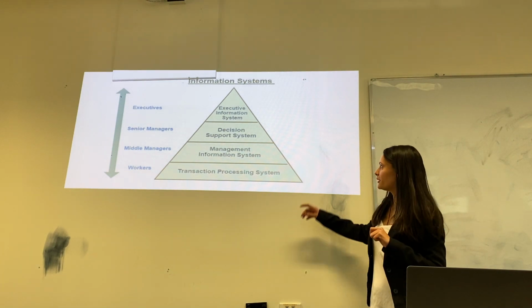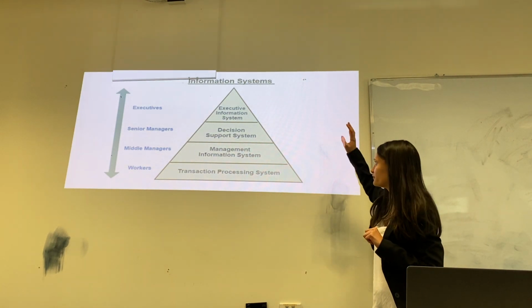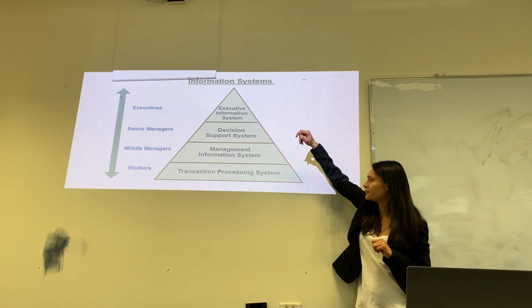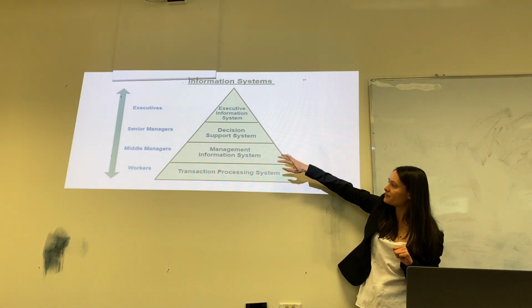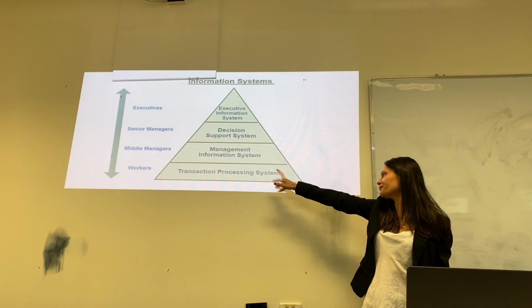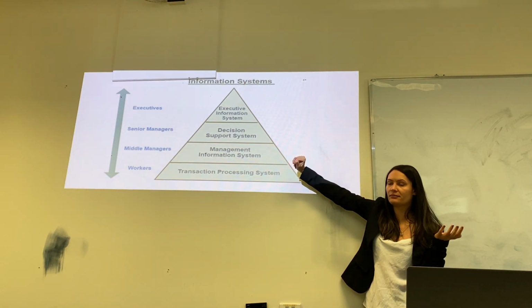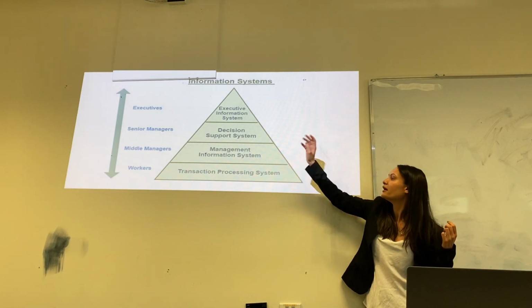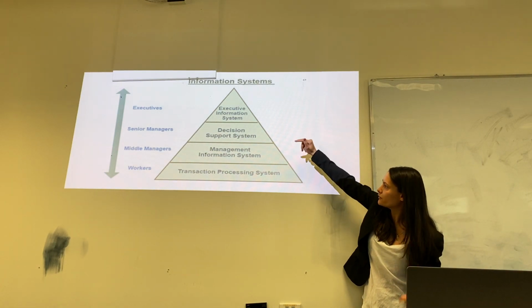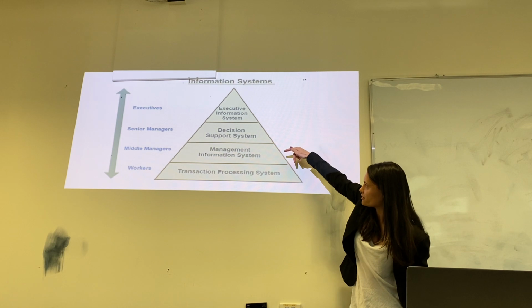And I'm going to explain about the four types of information systems. The first one is the transaction processing system. This one is used in the store, and if you are a buyer, you can pay with your card. The second one is the management information system.